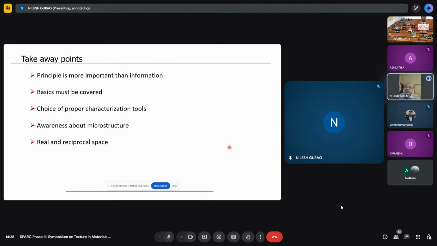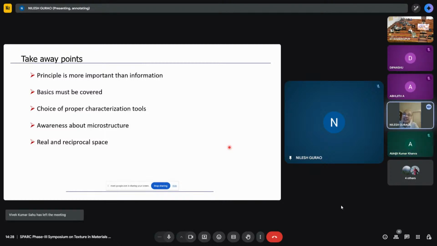Only when we have understood our scanning electron microscopy in detail, then we can go to electron backscatter diffraction or transmission diffraction. But as I said, for any characterization technique, the first 4 points remain equally valid, that we should really know the basic principle. That is what we should do.